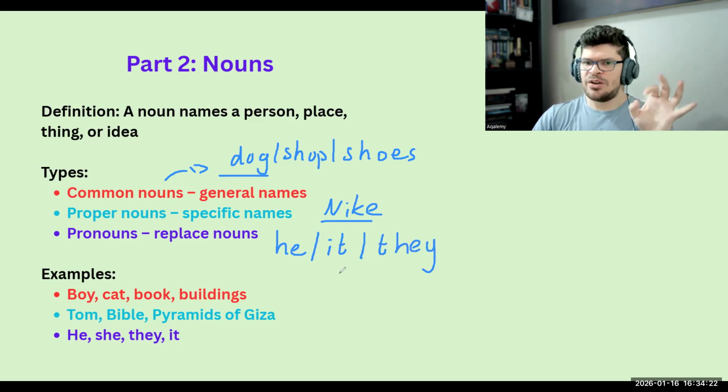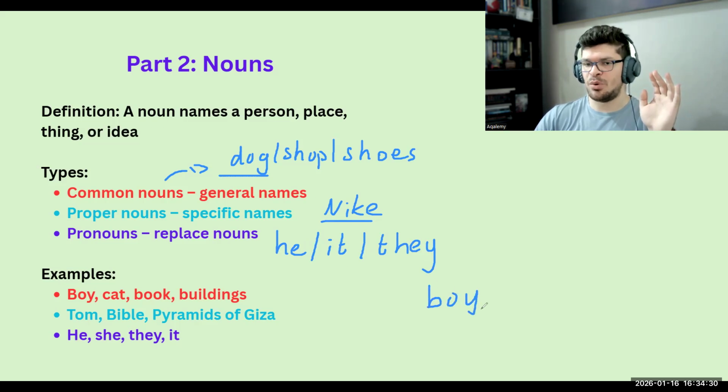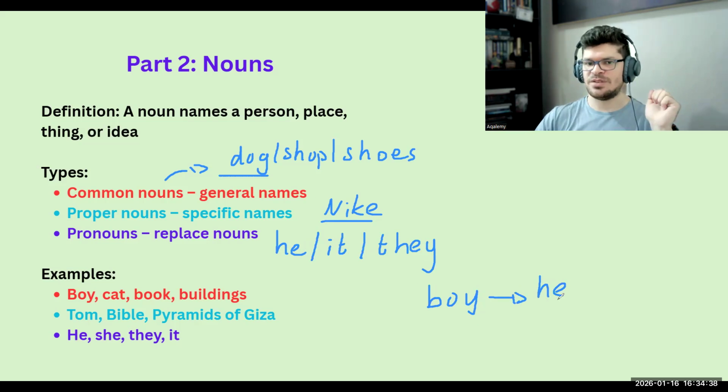Think of a pronoun like another option. Maybe you don't want to say boy. Maybe we talk about a boy. So you will use the word he. Okay. It is another option.